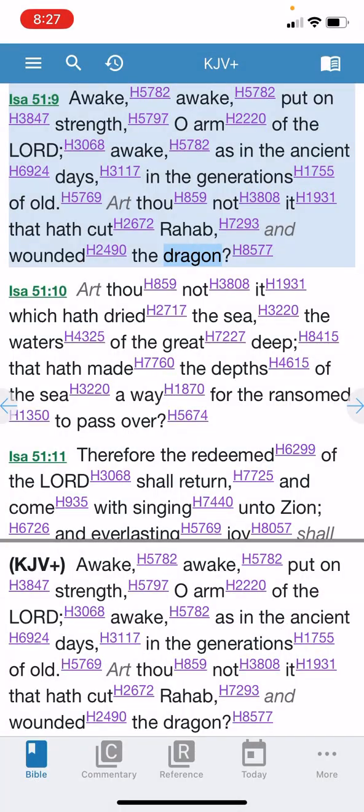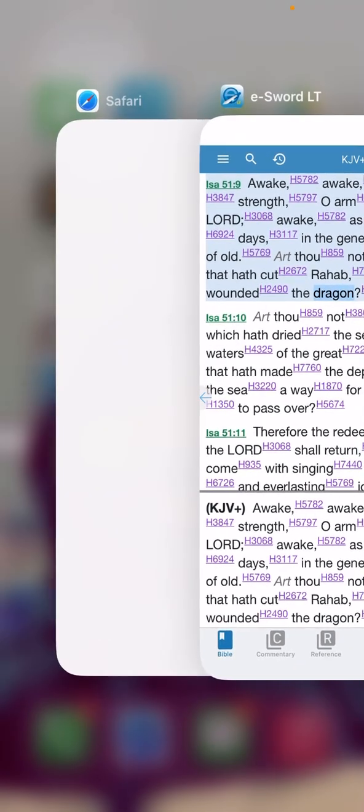Isaiah 51:9. Awake, awake, put on strength, O arm of the Lord. Awake, as in the ancient days, in the generations of old. Are you not it that have cut Rahab and wounded the dragon? Who is Rahab? Well, let's find out.